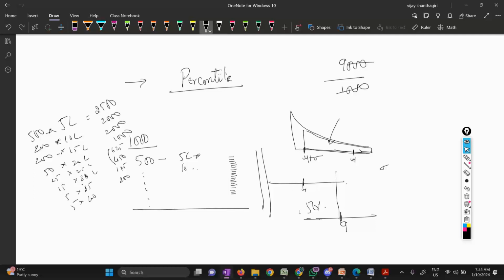This won't be a perfect normal distribution, sir, but somewhere similar to that is what I'm thinking. Half of them are here only. A lot of people are here, right? So slowly it increases, where you'll find another 20% here, another 20% here. Then slowly you will find more.